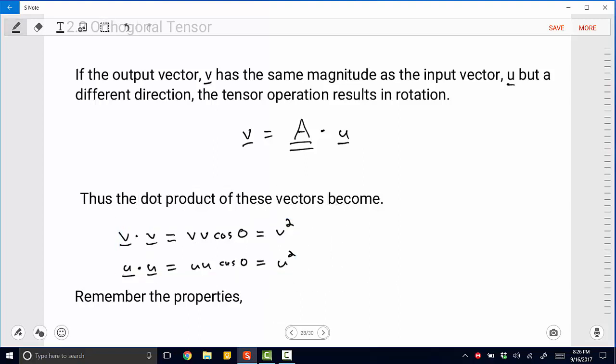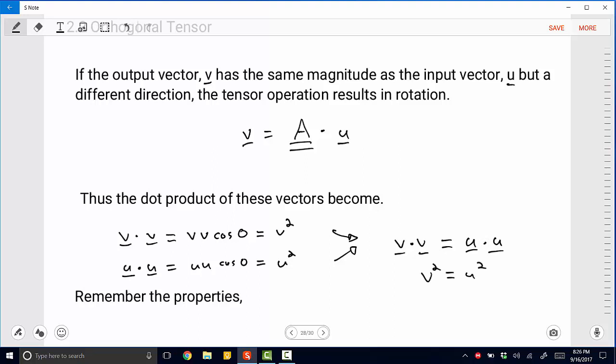Well, if the magnitudes of these vectors are the same, then we can say that the dot product of v dot v is equal to the dot product of u dot u. So v squared is equal to u squared.